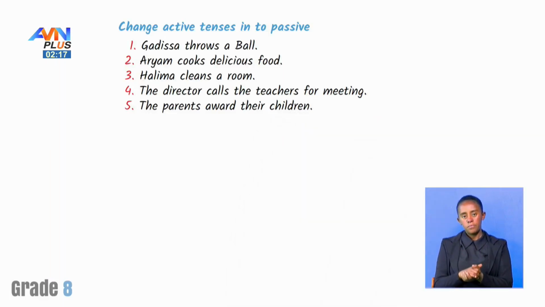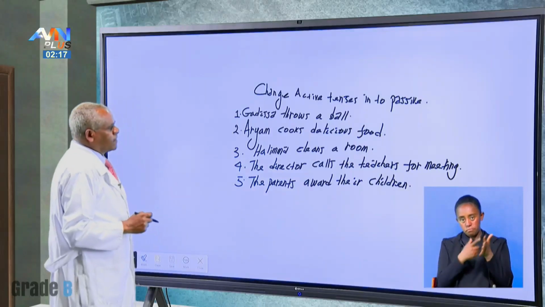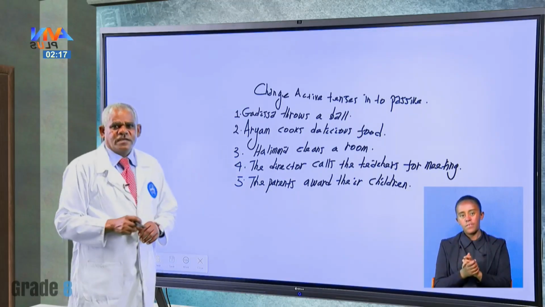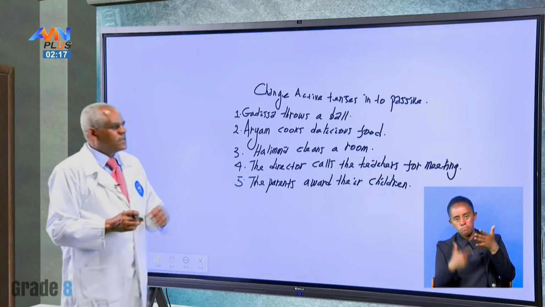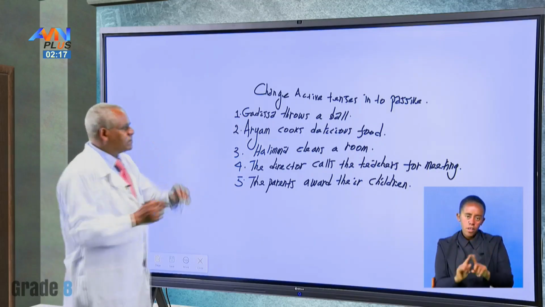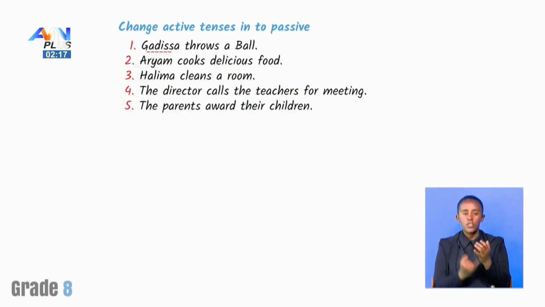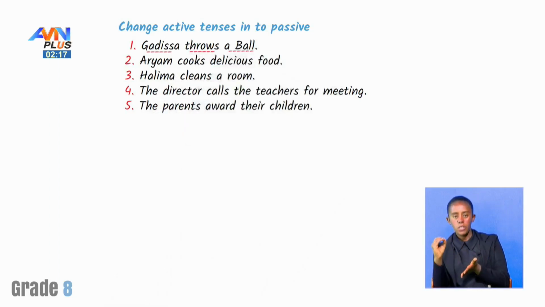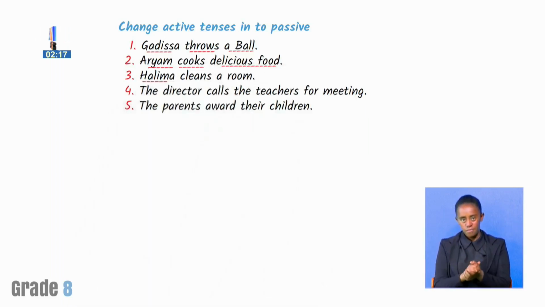Let us look at these 5 sentences. You see, every active sentence consists of a different structure. Here it is a subject, then a verb, then an object. Aryam is the subject, cooks is a verb, and delicious food is an object. Halima is the subject, cleans is a verb, and a room is an object.